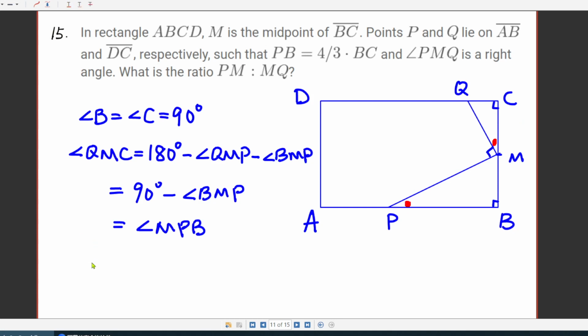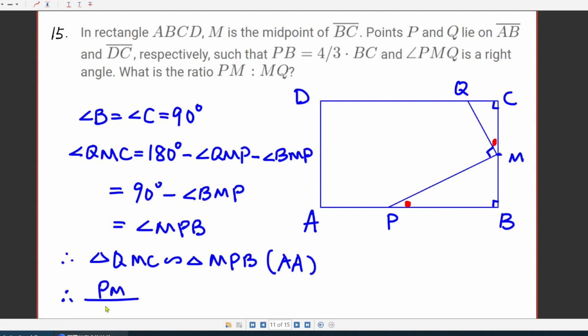Therefore, we could make use of a pair of similar triangles. Note that triangle QMC must be similar to triangle MBP by AA similarity, right? Therefore, similar triangles give us equal ratios because corresponding sides are proportional, right?